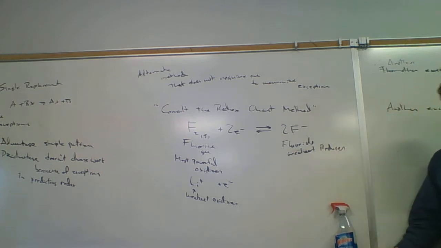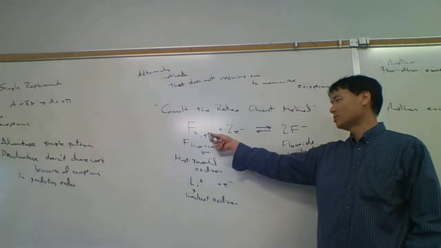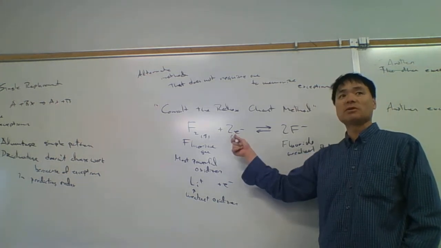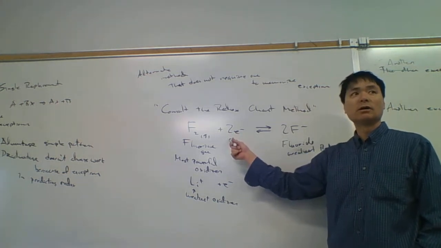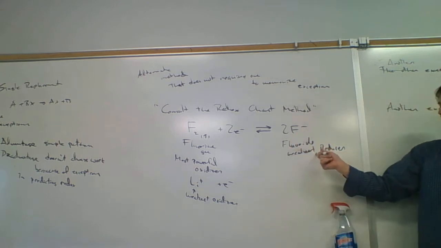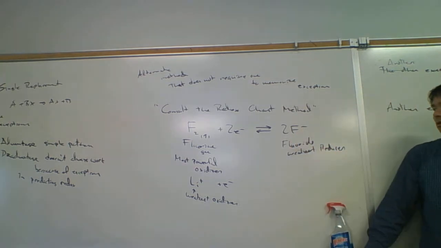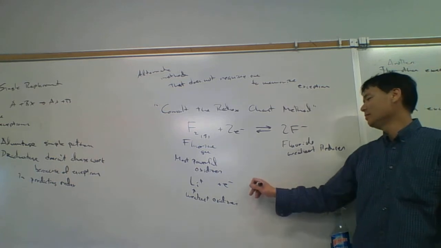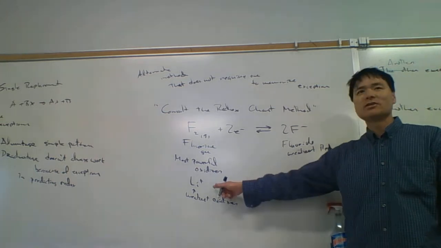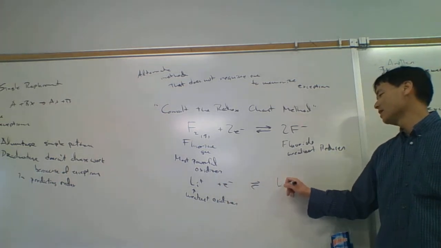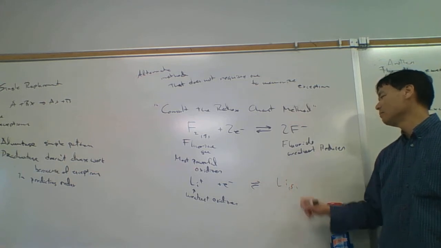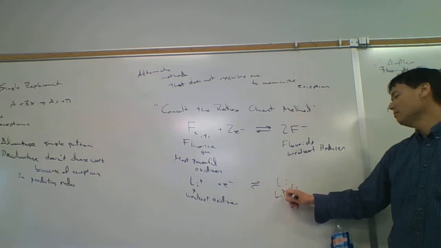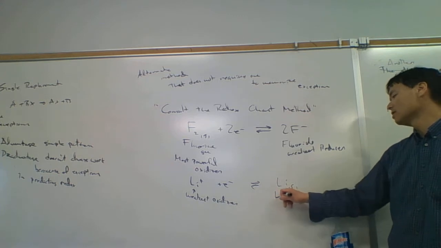Why is fluoride the weakest reducer? Because fluorine doesn't want to lose electrons. Fluorine works hard to take the electrons. Once it takes the electrons, it keeps them. It doesn't let go. So fluoride is the weakest reducer. However, does lithium ion work very hard to get electrons? No, it doesn't. If it gains an electron, it will form lithium metal, or lithium solid.